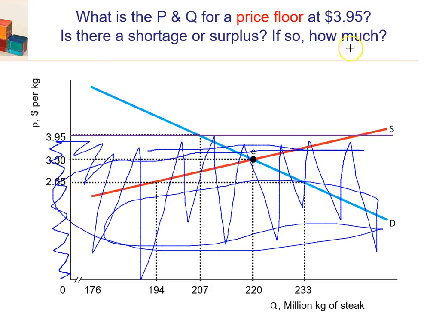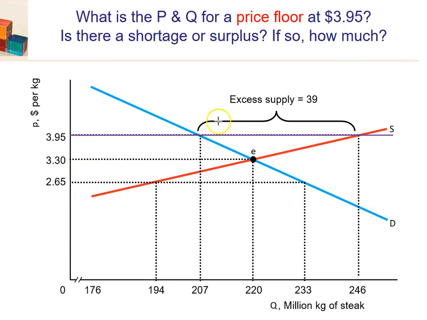Next, will this lead to a shortage or a surplus? To answer this question, let's look at the price $3.95 where it meets the demand curve. Where that meets the demand curve, we have 207 units demanded. Let's look at where $3.95 hits the supply curve. Where it meets the supply curve, that will tell us the quantity supplied, or 246 units.